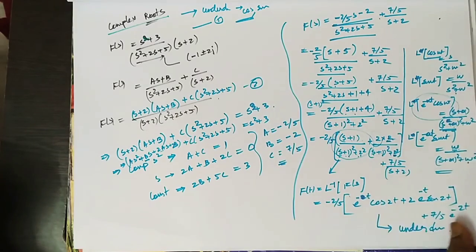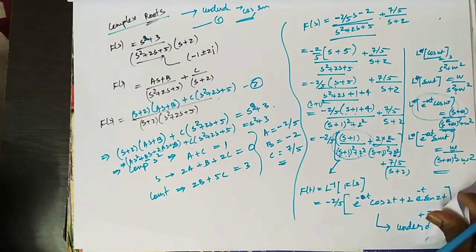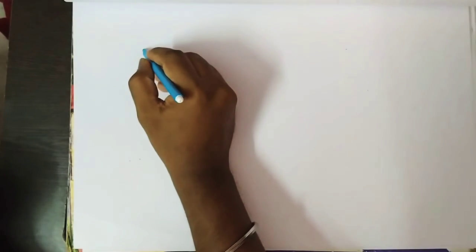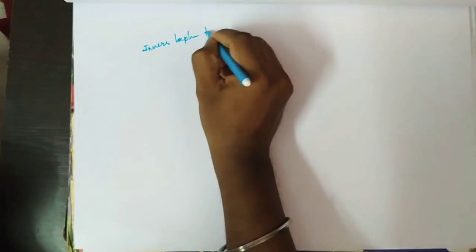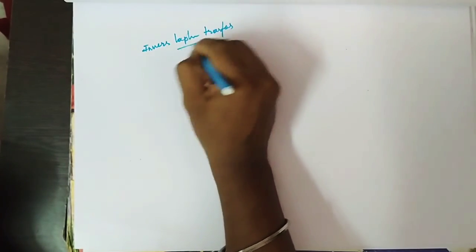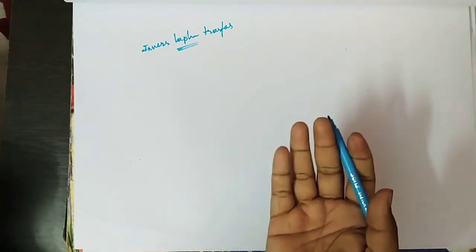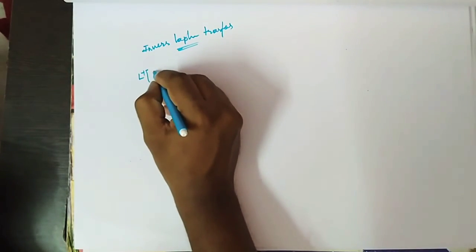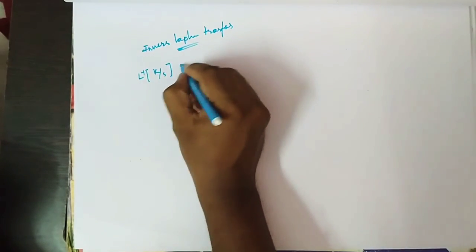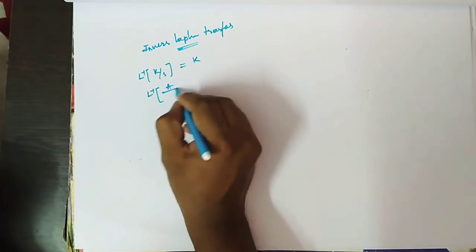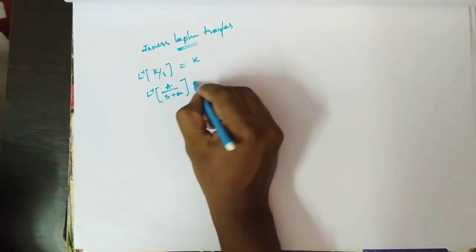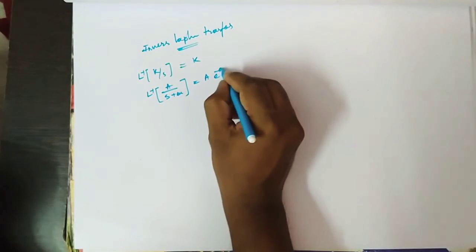So once we list the inverse Laplace of a few functions, you need to remember these formulas basically. If you know the Laplace of any function, you will know the inverse Laplace too. So inverse Laplace of k by s is k, and inverse Laplace of a by (s plus a) is a into e power minus a t.